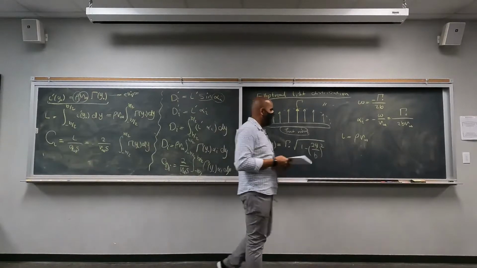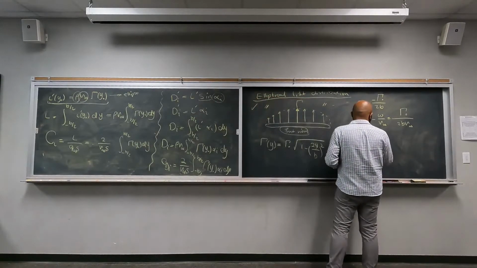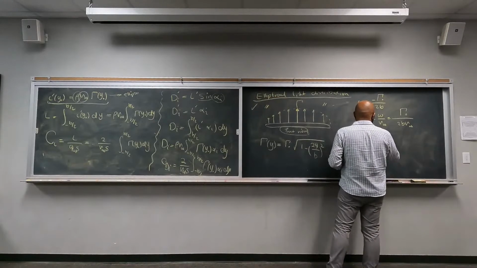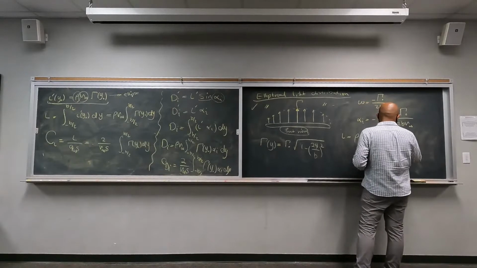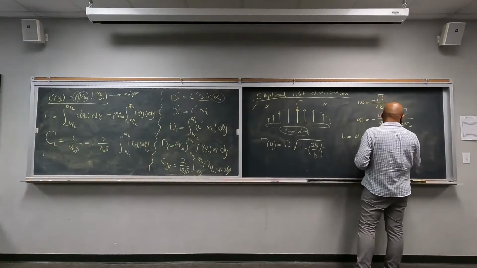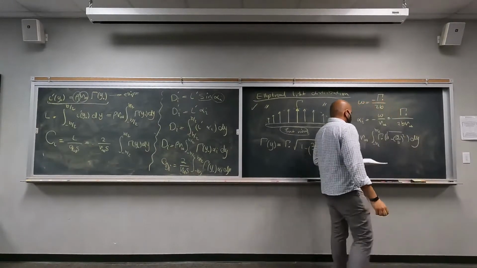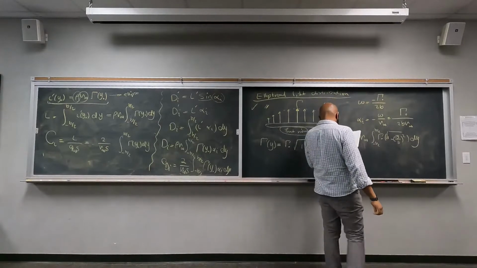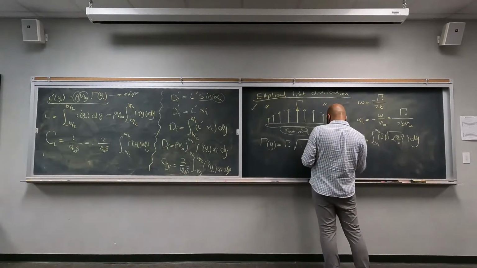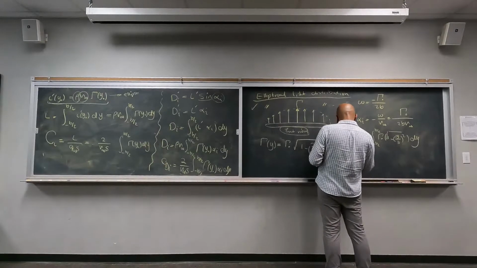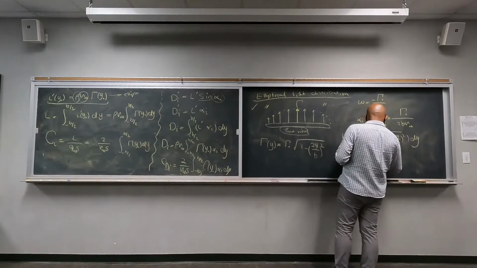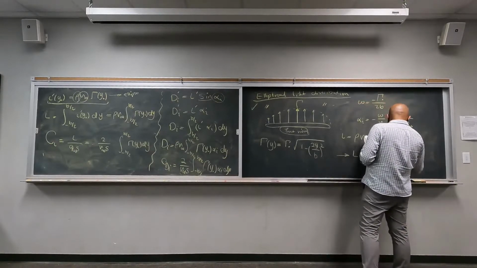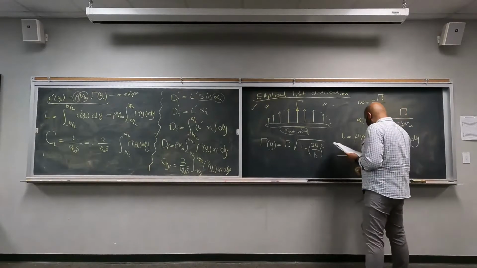So from negative b over 2 to b over 2 of gamma naught times the square root of 1 minus y divided by all of this, dy. You can take this integral. Your final lift is going to be rho v infinity gamma naught b divided by 4 pi.